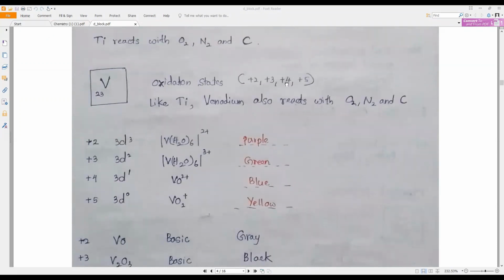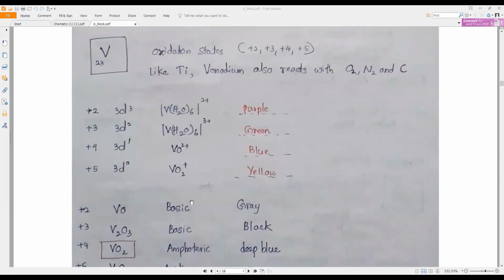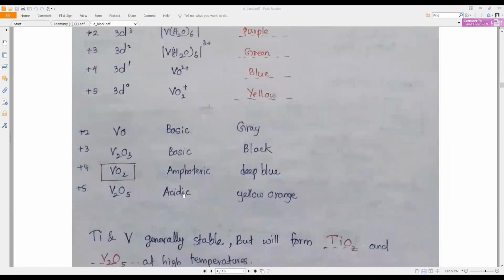So typically it has these oxidation states, +2, +3, +4, +5. And you should know the reactions. And these are the compounds, the oxo ions, and the oxo cations it forms in water. And in this particular question, they are asking about this.